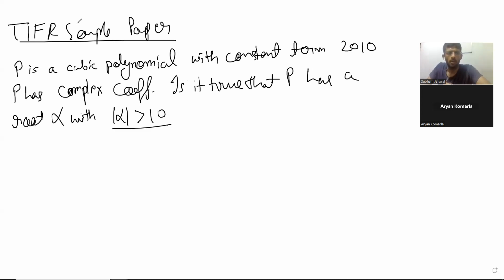So this is how they asked it, sir, but I think they missed out on something, because trivially we can take 2010 x cube plus 2010 x square plus 2010 x plus 2010, divide by 2010, then we'll get x cube plus x squared plus x plus 1. The roots of those are minus 1, i and minus i, so it's false.